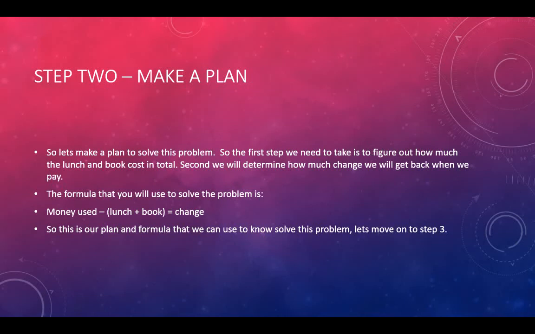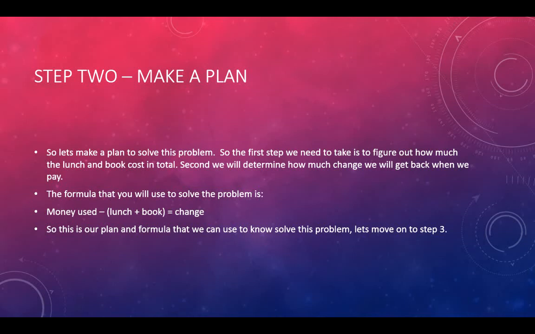Step 2 is we're going to make a plan. So let's make a plan to solve this problem. The first step we need to take is to figure out how much the lunch and the book cost in total. And then second, we will determine how much change we will get back when we pay.